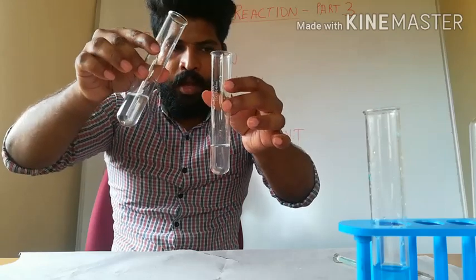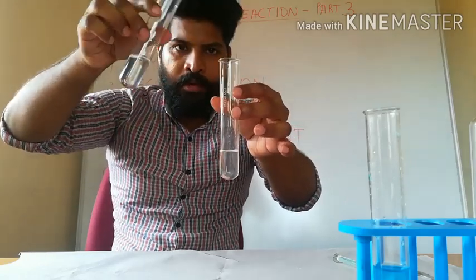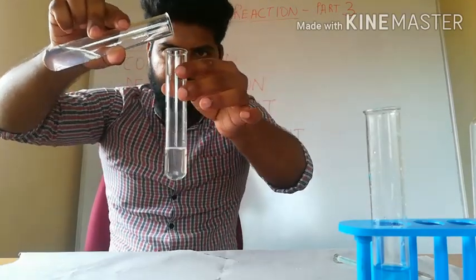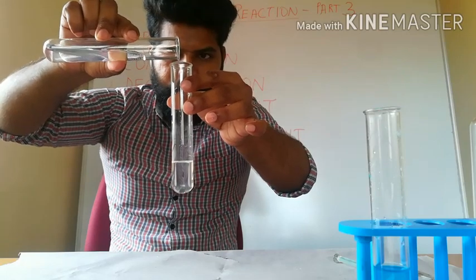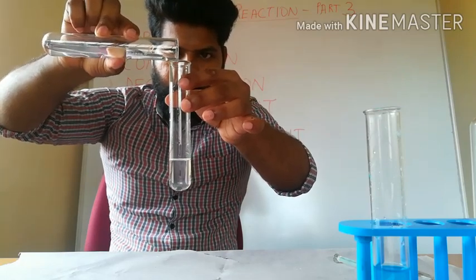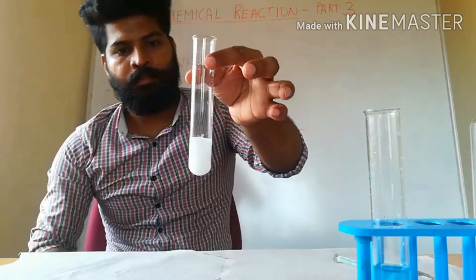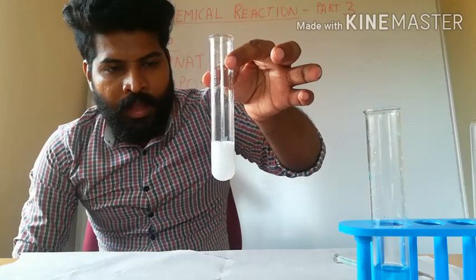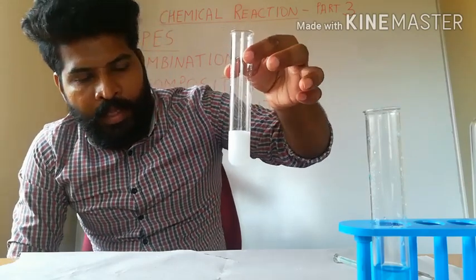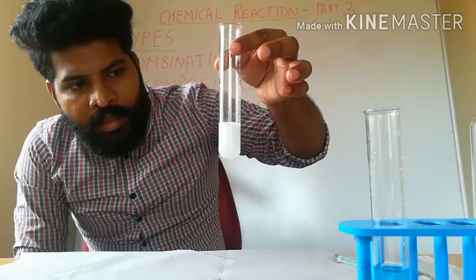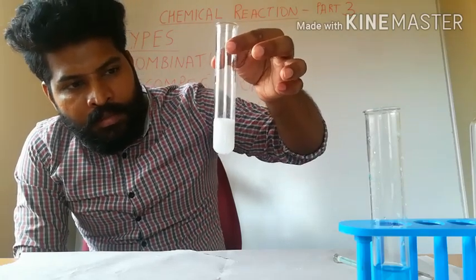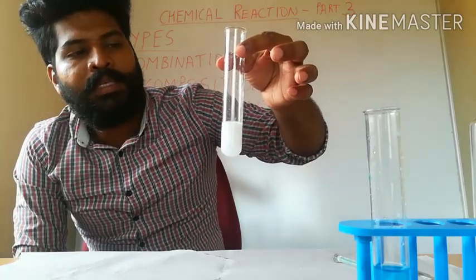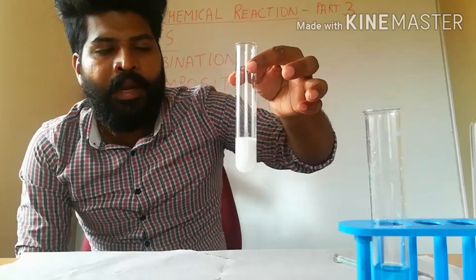Now I am going to add barium chloride to sodium sulfate. Observe carefully. That's it. Amazing, isn't it? As soon as we added barium chloride to sodium sulfate, you observed that a white colored substance is produced. This white colored substance is nothing but your precipitate.